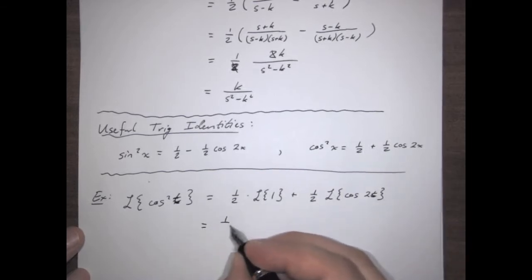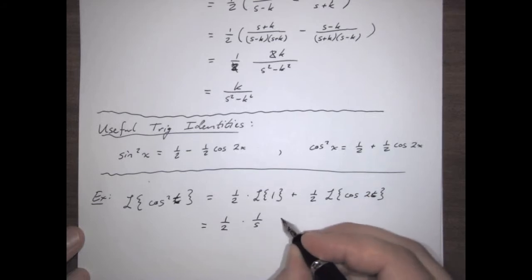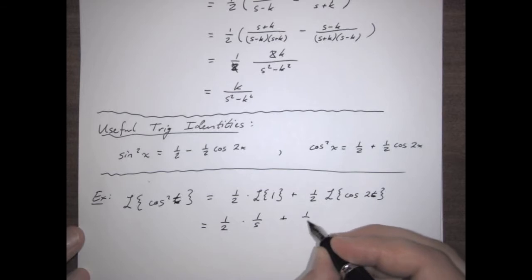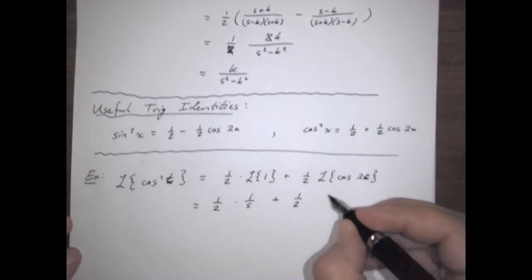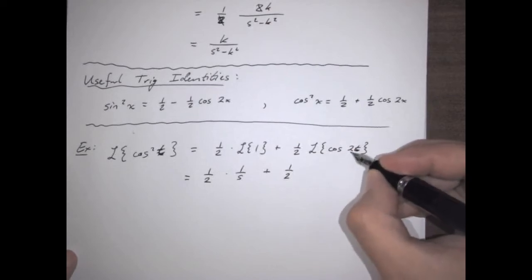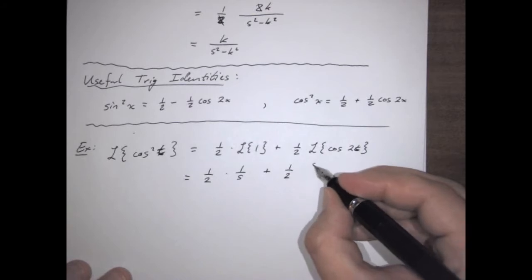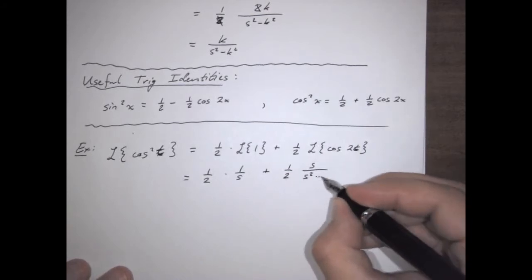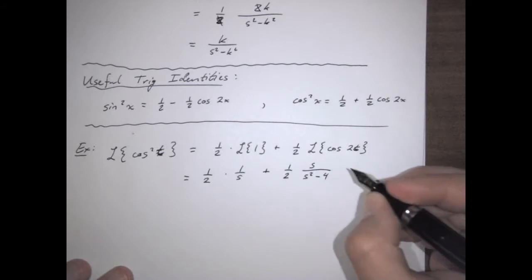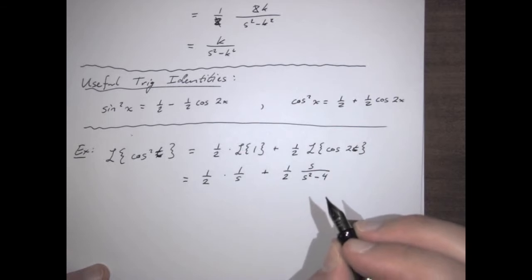Okay, so this we already know, it's 1 over s. Now this one we also already have figured out. This has the role of k equals 2. So this is going to be s over s squared plus 4.